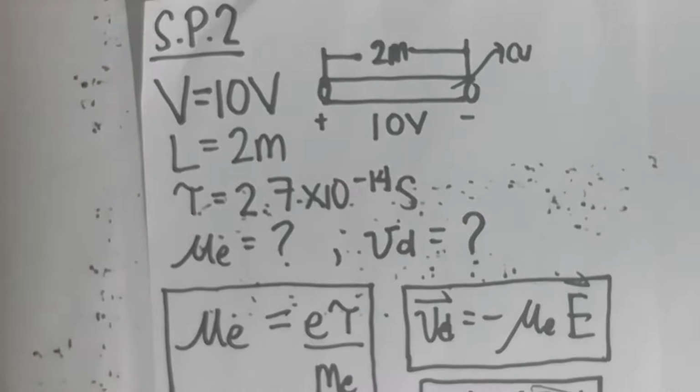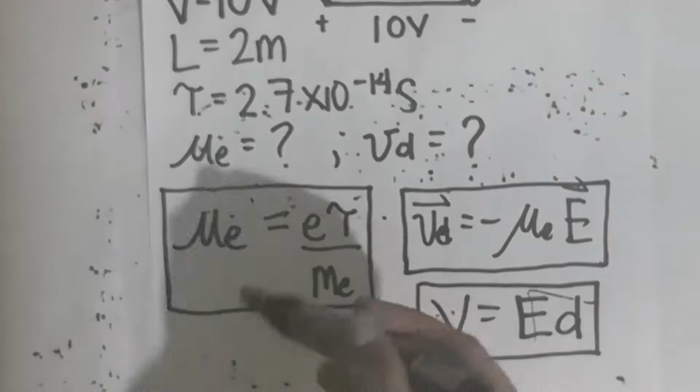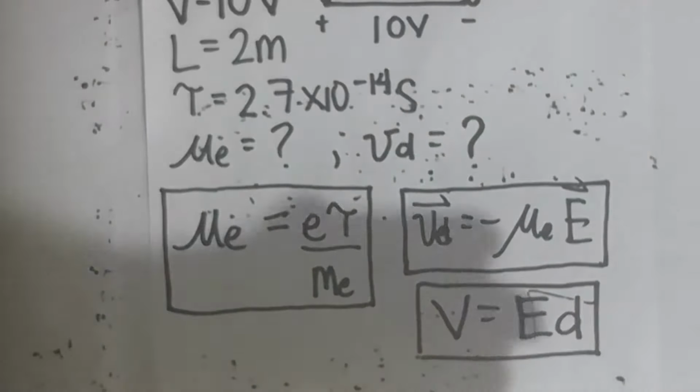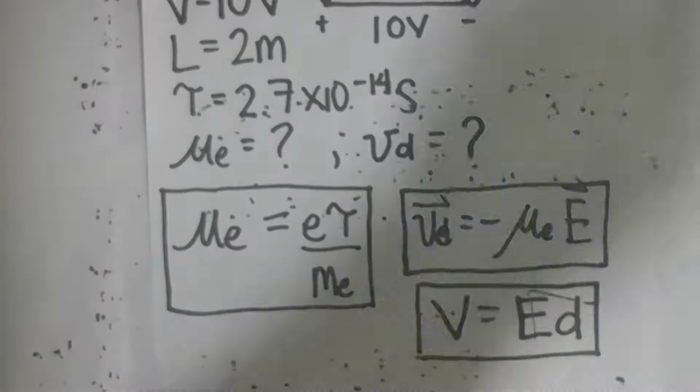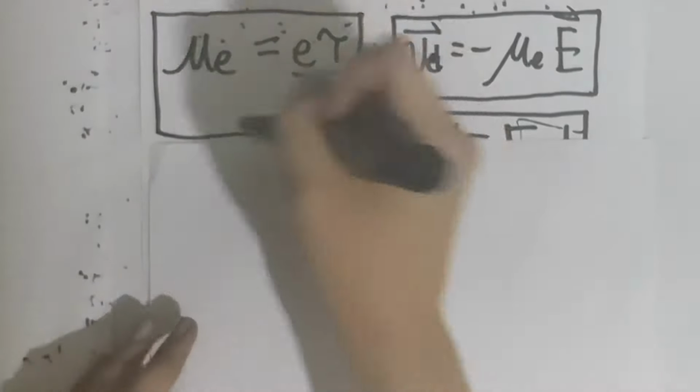To solve that, we have to know these formulas, which we have derived from the previous videos. For us to solve for the electron mobility, we're going to use this formula.